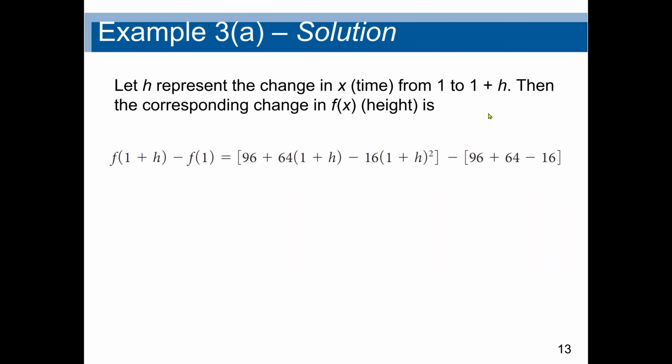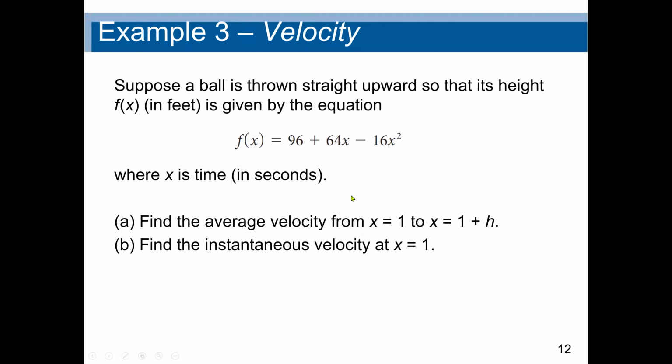So we just plug in the value. So first we're looking for f at 1 plus h. In our function here, anywhere I see x, let's go back once, anywhere I see x, I'm going to have 1 plus h. So I'll get 64 times 1 plus h and 16 times 1 plus h squared.